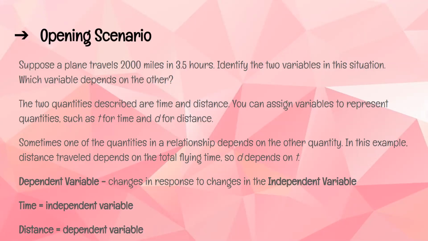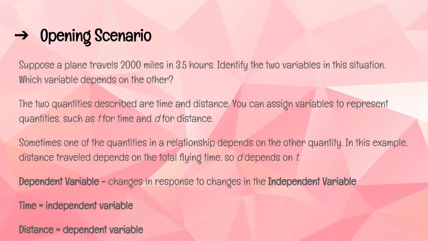Looking at the next statement, it says sometimes one of the quantities in a relationship depends on the other. In this example, the distance traveled depends on the total flying time. So D depends on T. If I travel 3.5 hours, I can travel 2,000 miles.